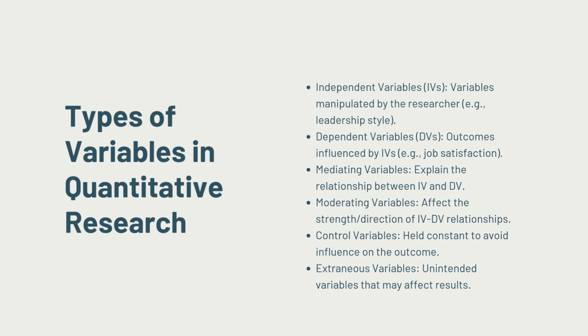The next kind of variable is the predictor variable, also called the antecedent variable. These are variables that predict an outcome of interest in survey method studies. They're very much like independent variables in that they are also hypothesized to affect the outcomes in a study.